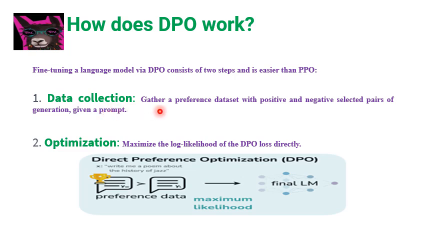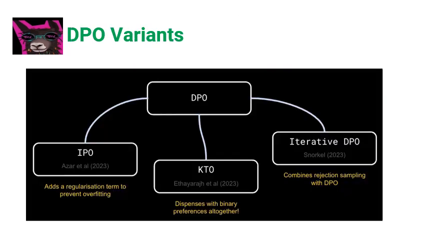In data collection, we gather a preference dataset with positive and negative selected pairs of generations given a prompt. In the optimization step, we maximize the log likelihood of the DPO loss directly, as you can observe in this figure. You can see there is no reward model here. We have hugely reduced the computational complexity.